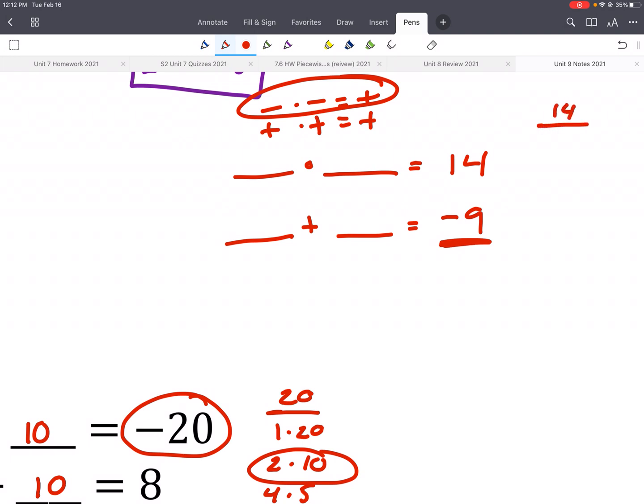If we write down our factor pairs, we'd want to do something like 1 and 14 or 2 and 7. Looks like the only thing that would give you 9 would be 2 and 7, but we need to make sure we have our signs. So to combine to give us a negative 9, it would have to be a negative 2 and a negative 7.